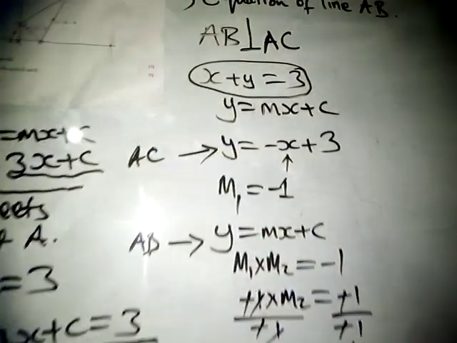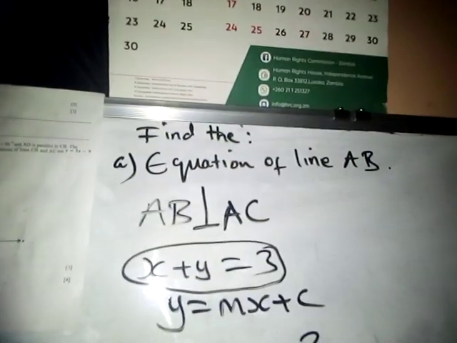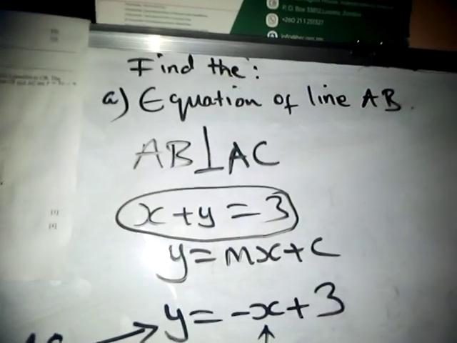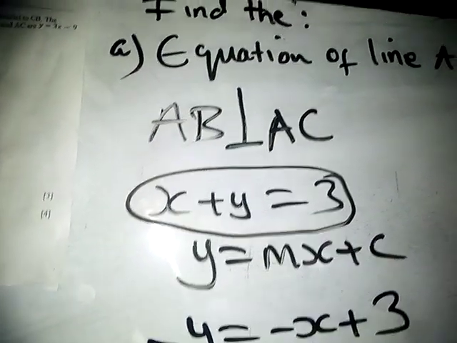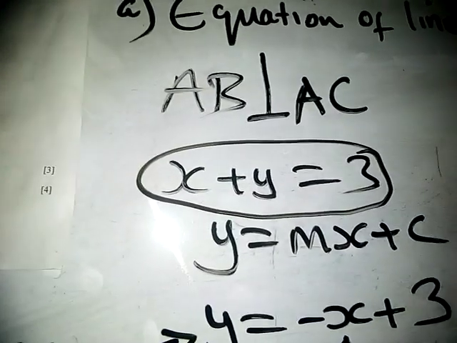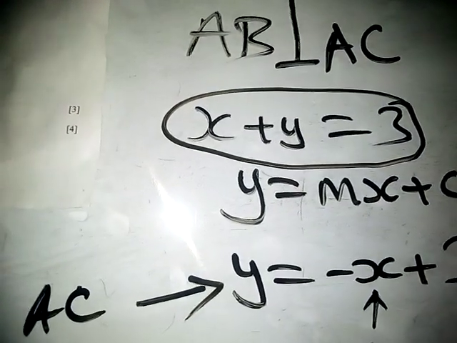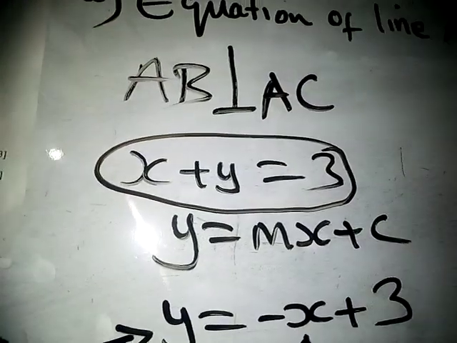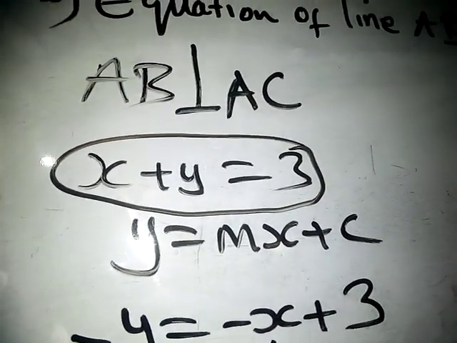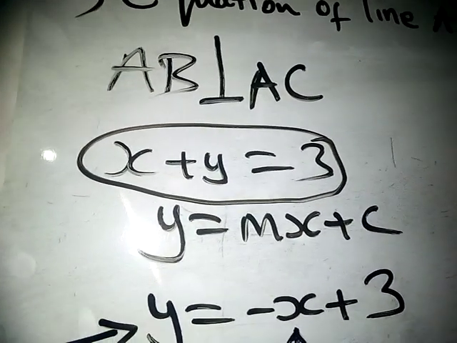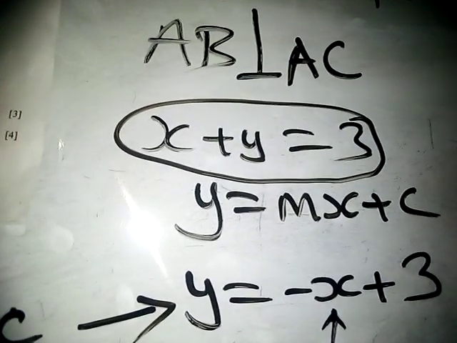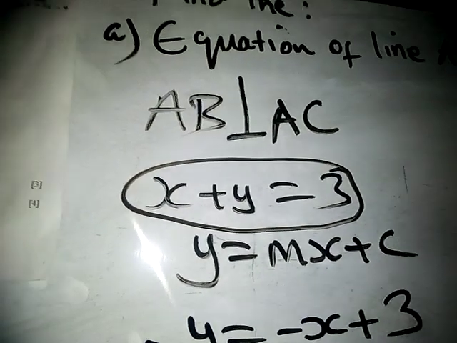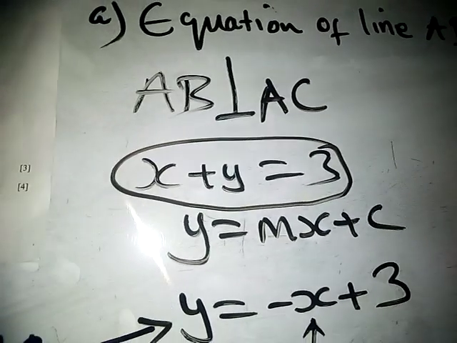Please try to go through this particular question so that you see how we go about it. Remember, the first thing is to appreciate the fact that the lines AB and AC are perpendicular, meaning the product of their gradients equals -1. So if you know the gradient of one line, it's easy to find the gradient of the other, in the sense that we negate the reciprocal of the given gradient, and that will be the gradient of the other line, because the two lines are perpendicular to each other.